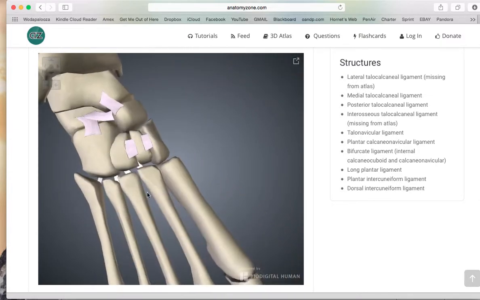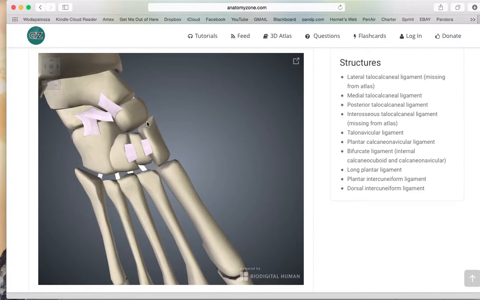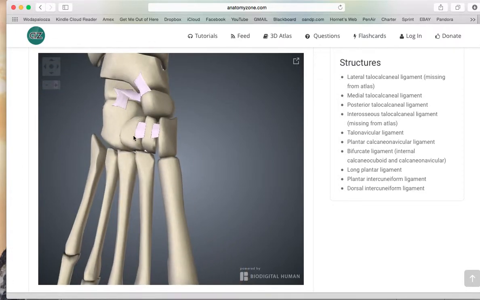Okay, so all of these joint spaces are going to have thin capsules and thin articular cartilages that allow for the movement between each of the joints.